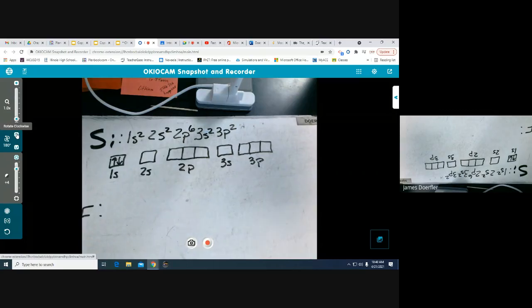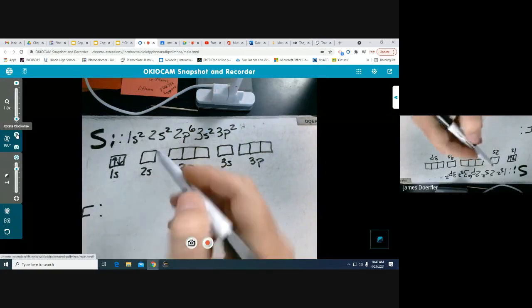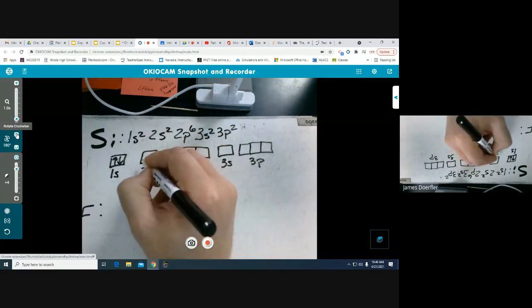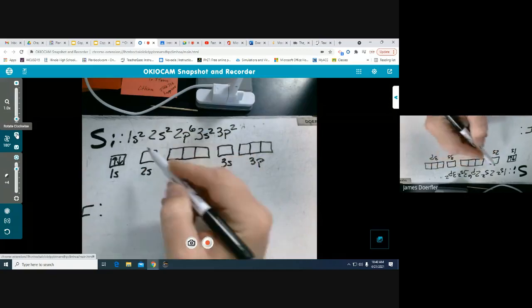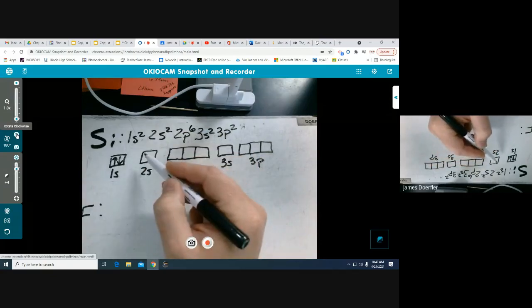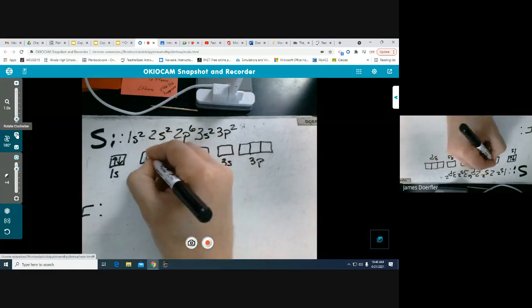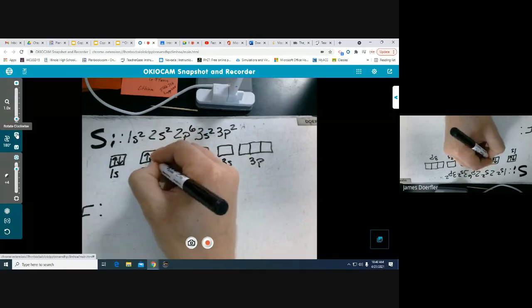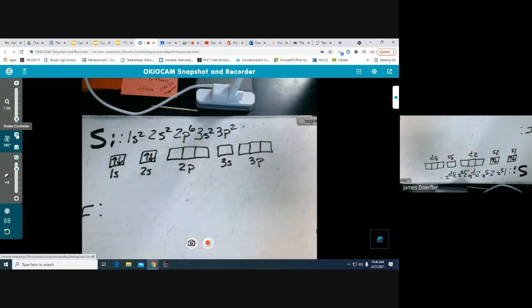I cannot go on to the next orbital until I have completely filled in the previous orbital. And so I've done just that. Okay, then I hop over into 2s. How many electrons go here? 2, again. 1 up arrow, 1 down arrow.